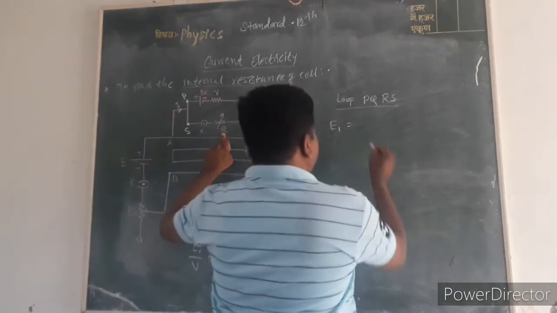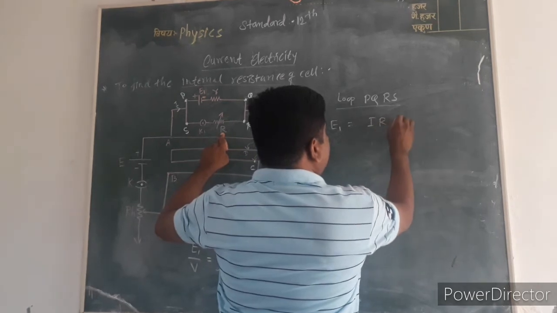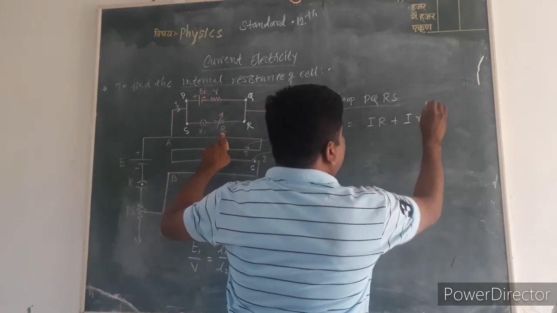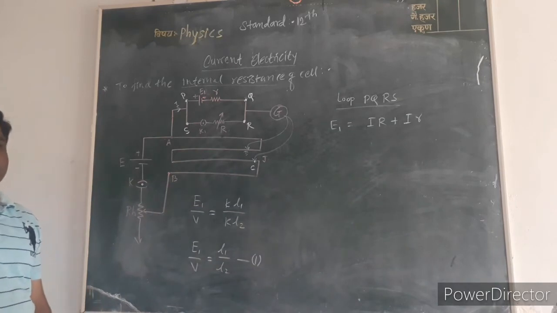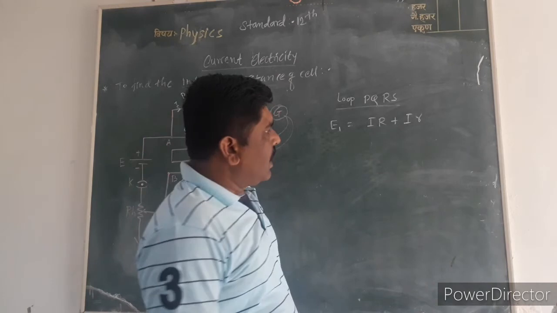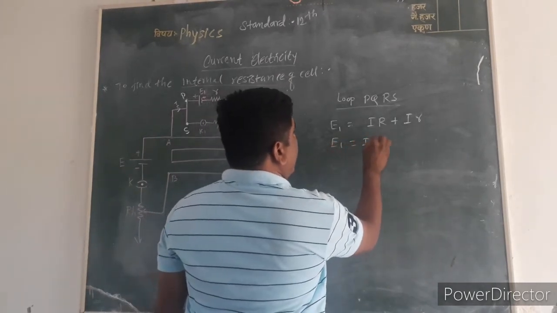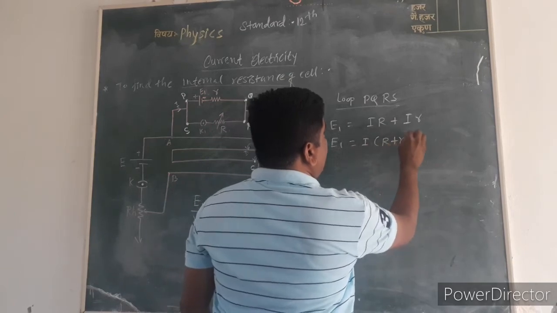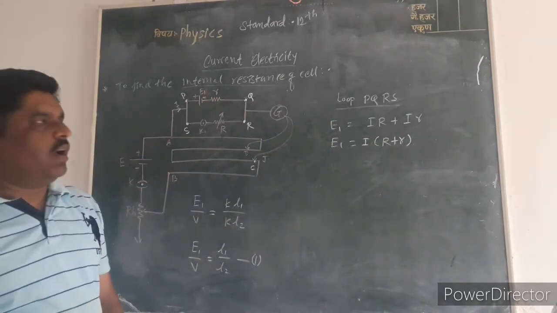Therefore, we get E1 is equal to IR plus I into small r. This is the EMF. Therefore, E1 is equal to I into bracket capital R plus small r.